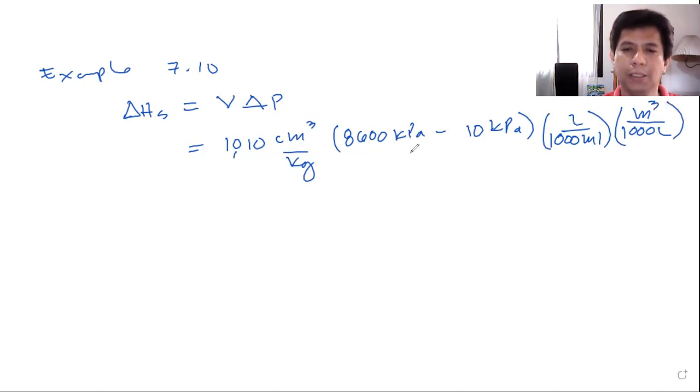Once you do that, the delta HS that comes out will be in kilojoules per kilogram. Just use your calculator to find delta HS.